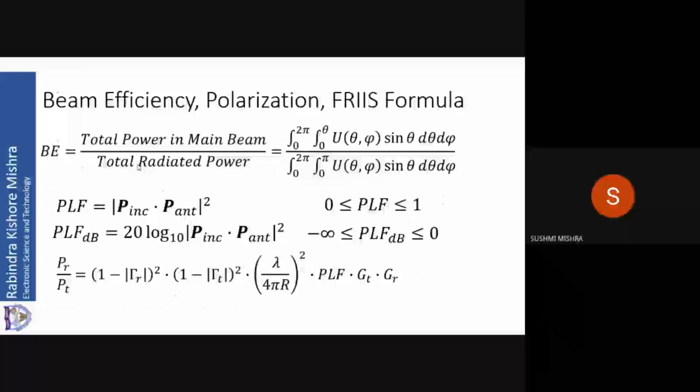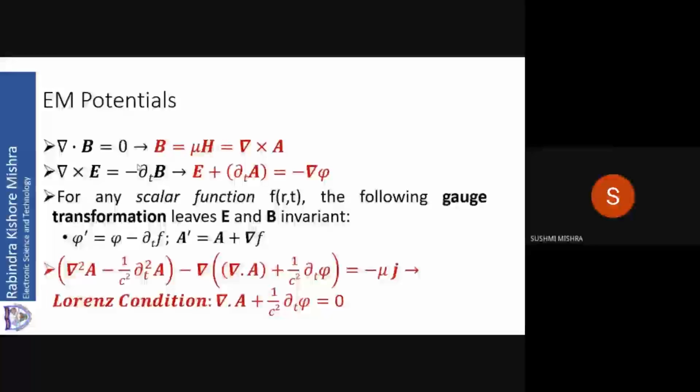We started with divergence of B is equal to 0, and we know that divergence of a curl is equal to 0. So we expressed B as curl of A, and we called A to be a vector potential.